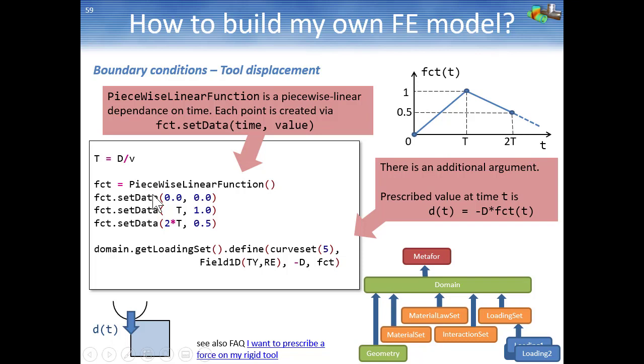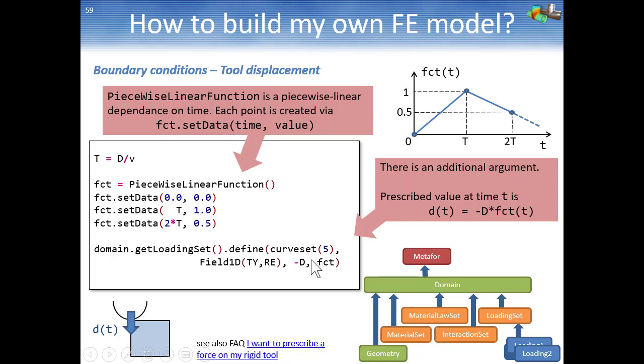So here I have defined a piecewise linear function with the coordinates 0, 0, t1, 2t, 0.5. So I have this curve. Imagine that the x-axis is actually the time. The y-axis is the value of the function.